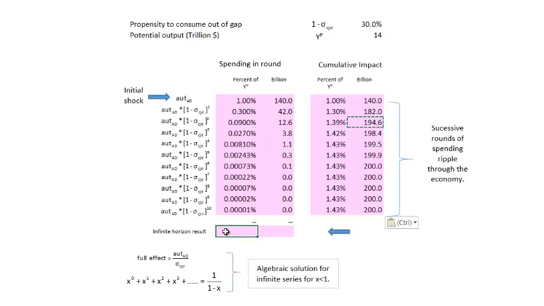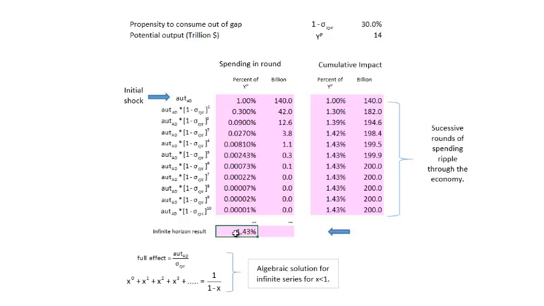So let's calculate that. That's 1 over 1 minus this guy here. And then we're going to take this and we're going to multiply it by the amount of our original shock, which was 1%, and we find our infinite horizon result.